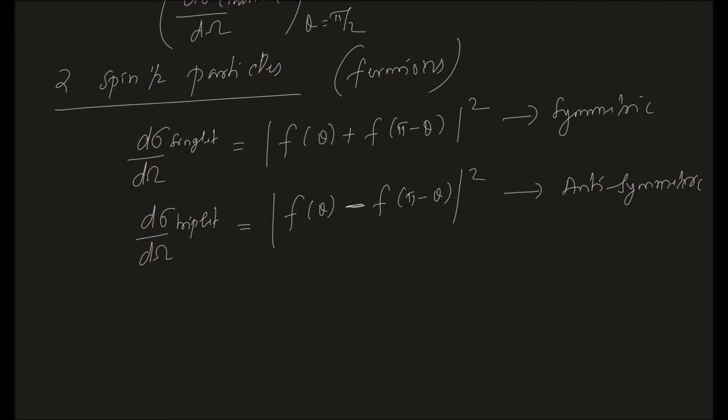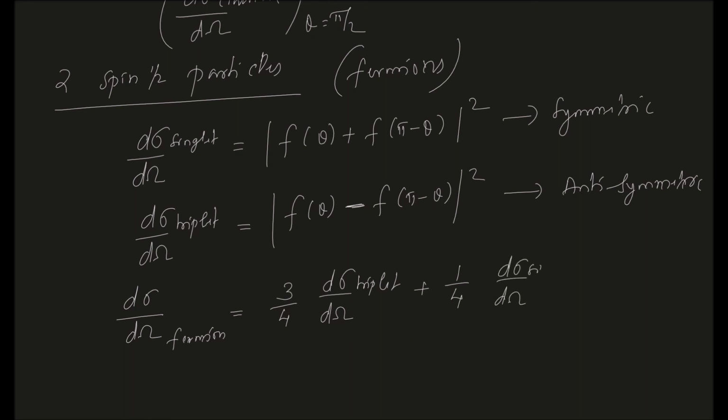So for unpolarized fermions, you can write a general expression d sigma by d omega for fermion. So there will be 3 by 4 of triplet states possibility, d sigma by d omega triplet state, plus 1 by 4th of the singlet state, d sigma by d omega singlet state.